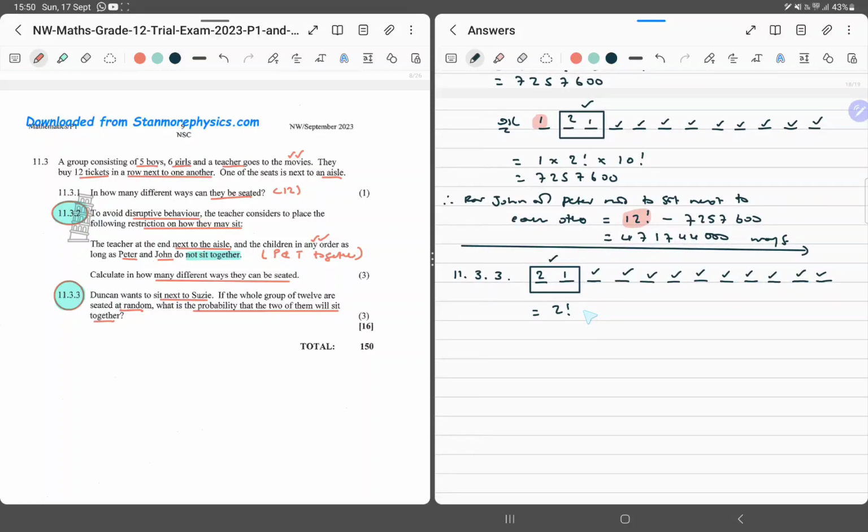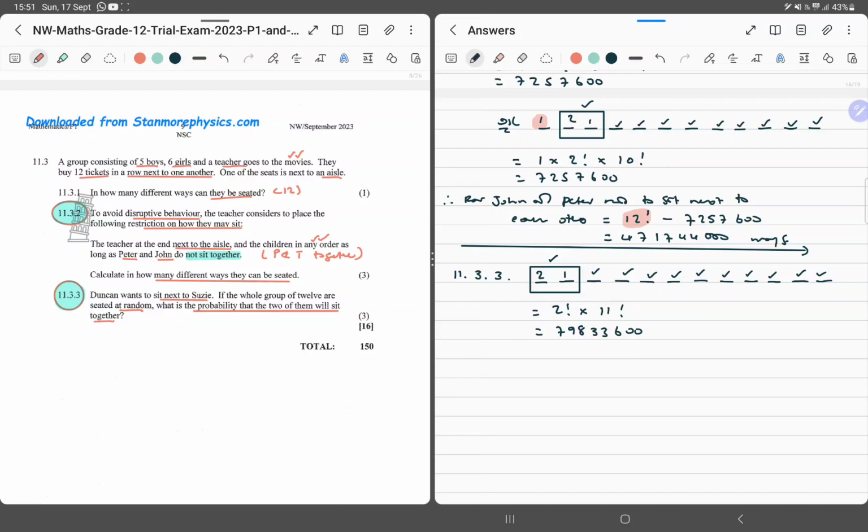So we can see here that these guys can sit in how many ways? This is 2 factorial multiplied by 1, 2, 3, 4, 5, 6, 7, 8, 9, 10, 11. So that is going to be 11 factorial. So that is how many ways they can sit together, those guys in this group. So this makes us get 79,833,600.